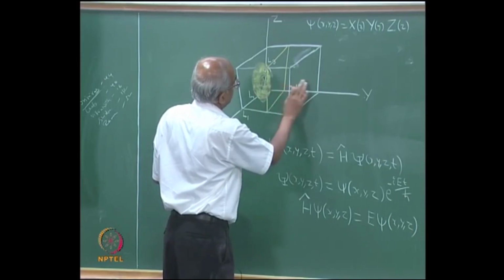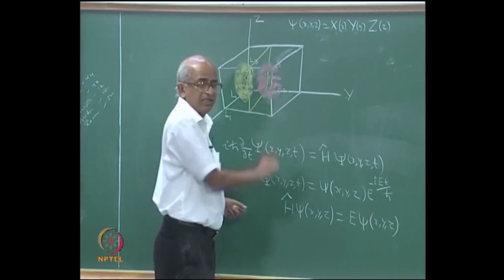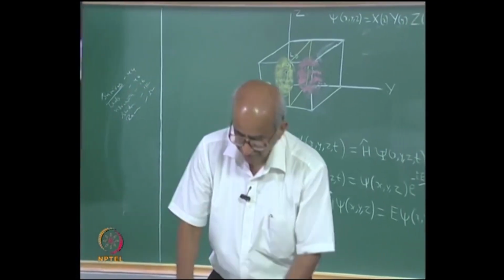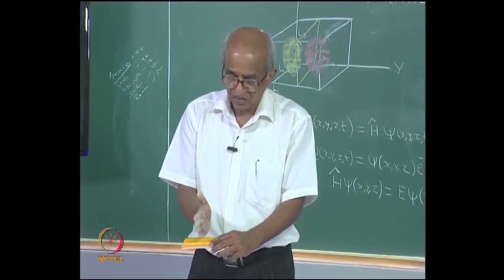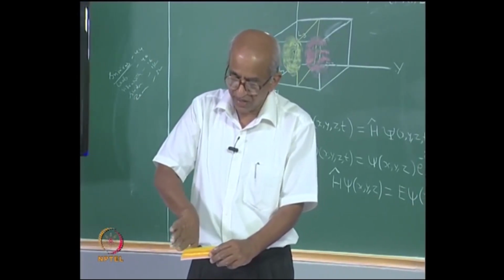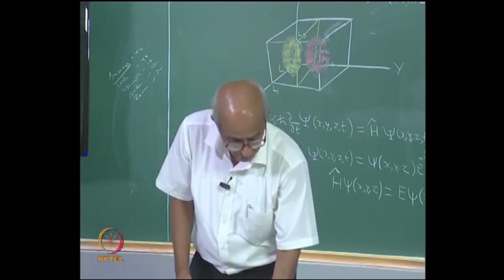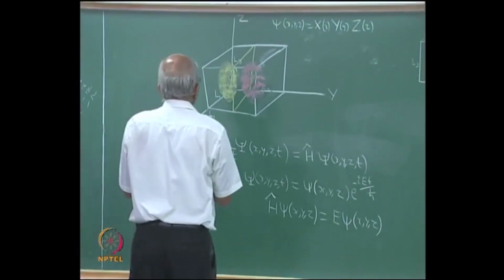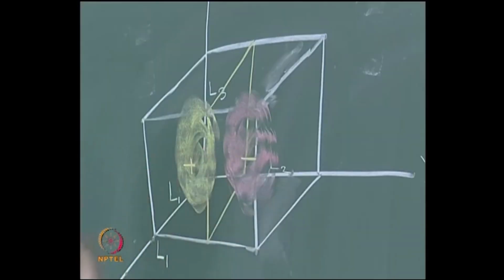Let me just repeat this. This is the plane, on the plane the function is 0, this is my box. To this side the function is positive, to the other side the function is negative. So the way to represent this function is by shading, and to say that this is the positive region and that is the negative region.